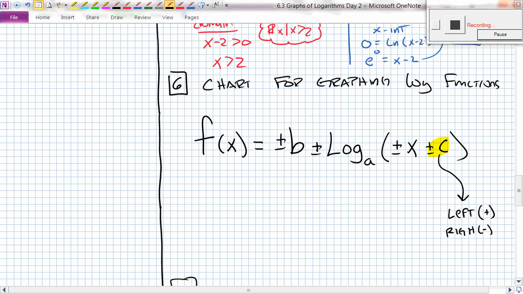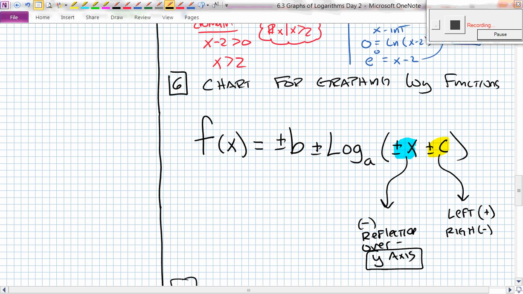So kind of like graphing parent functions, right? If it's inside the parentheses, it's opposite what you think it is. This blue stuff over here, this plus or minus x, if x is negative, gives you a reflection over the y-axis.